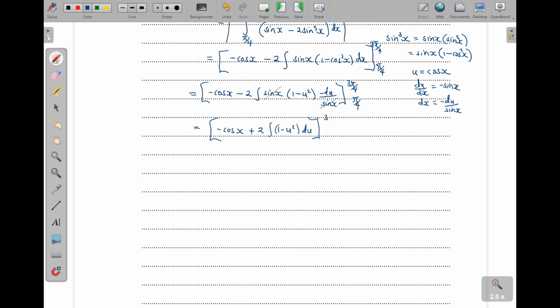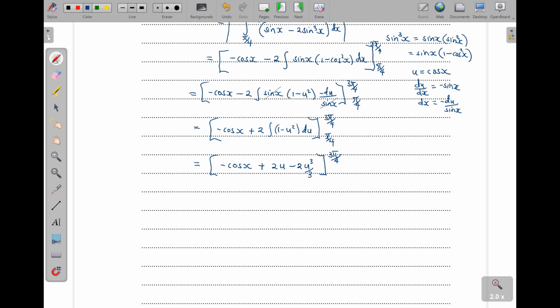These limits that I'm having up here are for x, not for u, so I have to put back my x after integrating this with respect to u. So minus cosine of x, then plus 2 times u, then minus 2 times u cubed over 3. When you integrate this, you get u cubed over 3, then I've multiplied it with the 2.